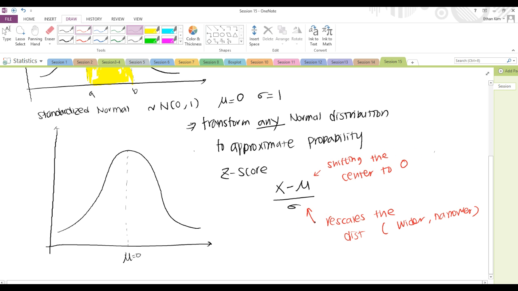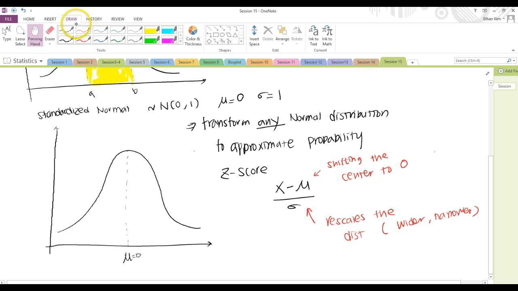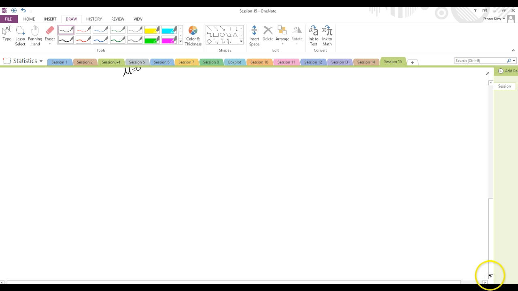We also learned that if you have a standardized normal distribution, the probability that z is less than or equal to a little z is denoted as phi of z.